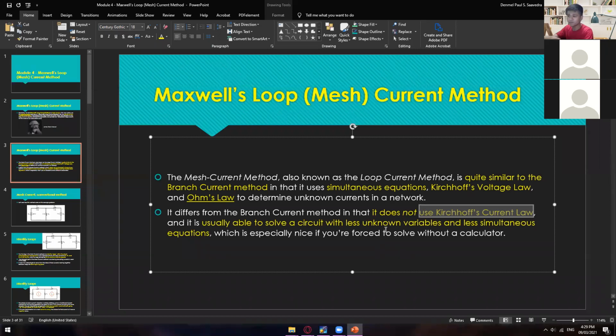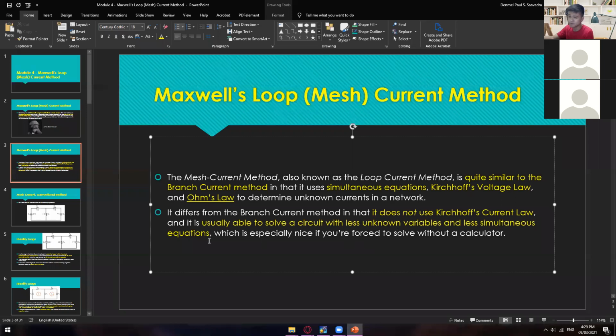That is already Kirchhoff's law. So we use purely Kirchhoff's voltage law. This is usually suitable to solve a circuit with fewer unknown variables and fewer simultaneous equations, which is of course especially nice if you're forced to solve without a calculator.